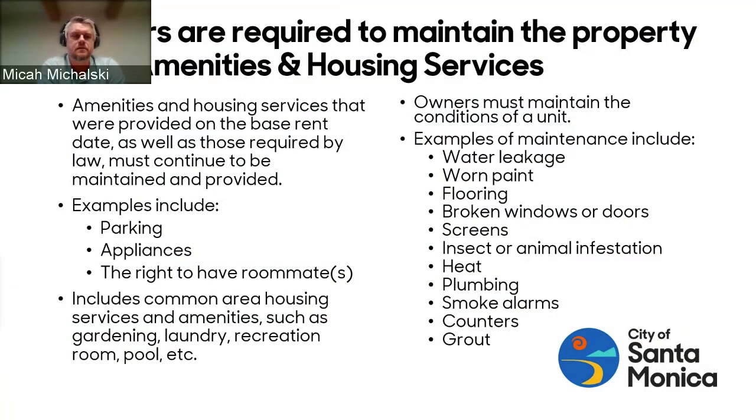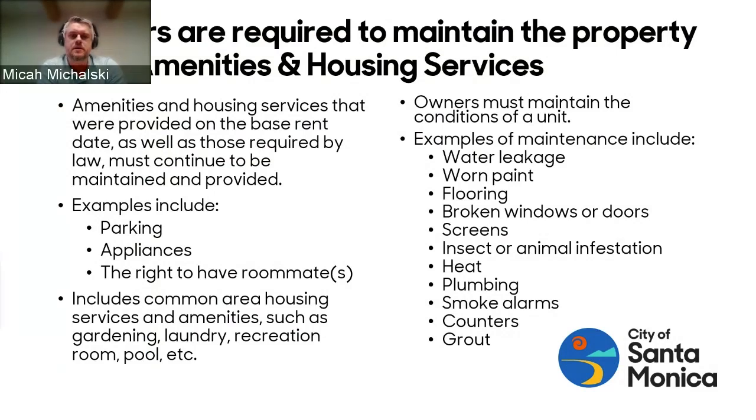Examples of amenities include things like parking, appliances. So if your unit came with a stove or a refrigerator, or a microwave, those kind of appliances. And then the right to have roommates, like we were just talking about. So if there were 3 people on the lease when you first moved in, that is the base housing service for that unit, is 3 people.